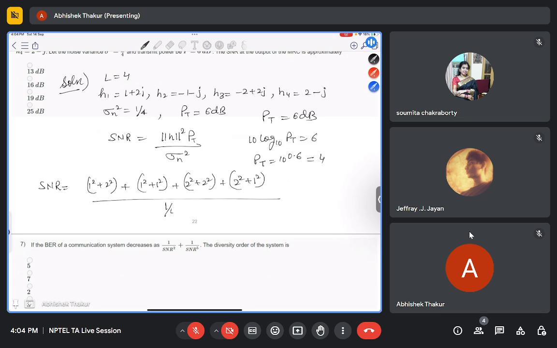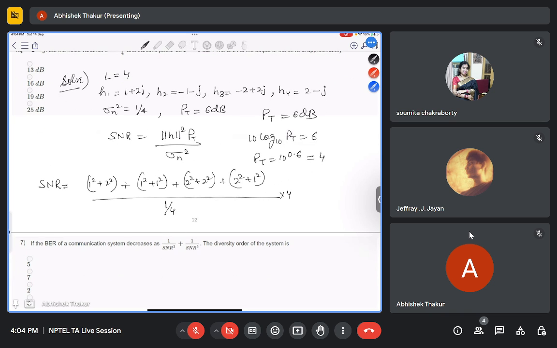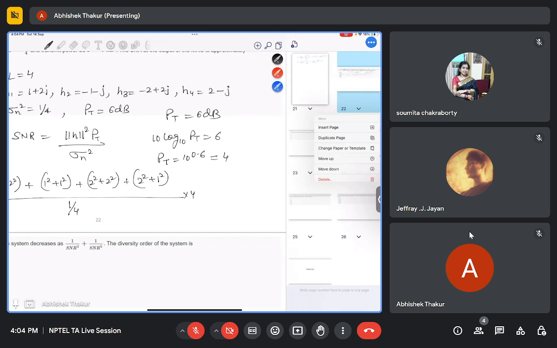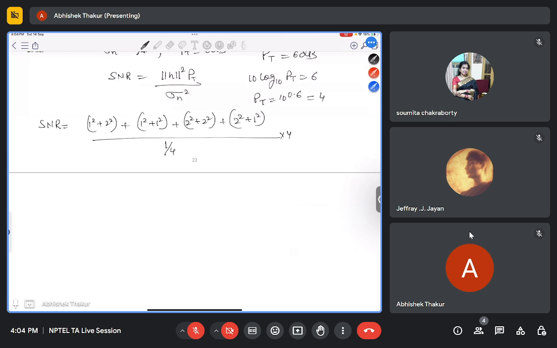And noise power is given as 1 by 4 into 4. So the SNR at the output is given as 5 plus 2 plus 8 plus 5.